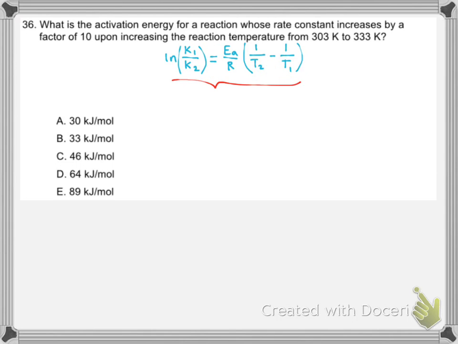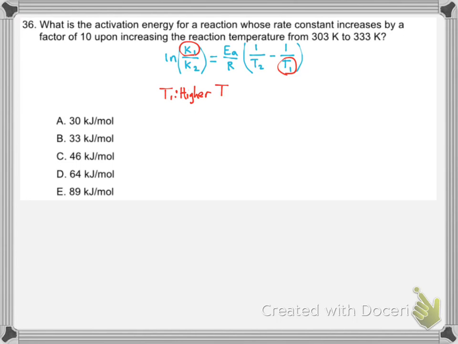So since K1 divided by K2 is how many times faster the reaction is at temperature 1, actually before we even plug in anything, I always like to declare T1 as the higher temperature. Okay, because these questions are generally always worded, how many times faster will reaction be? And higher temperatures means faster reactions, because you have more collisions, you have higher energy collisions, etc.